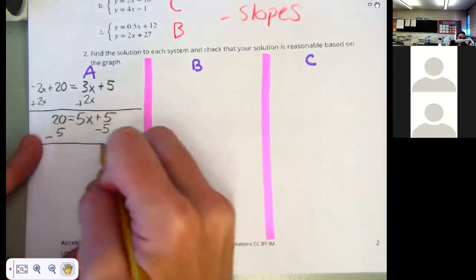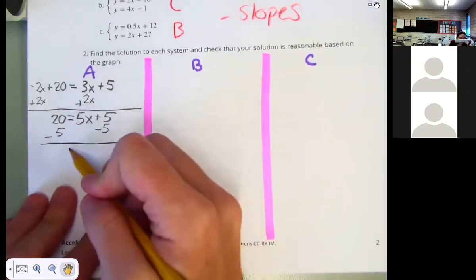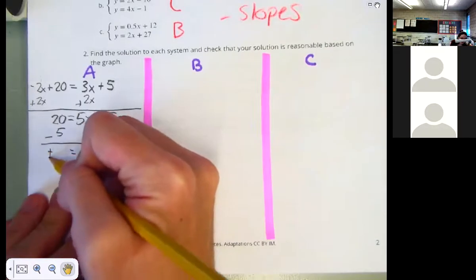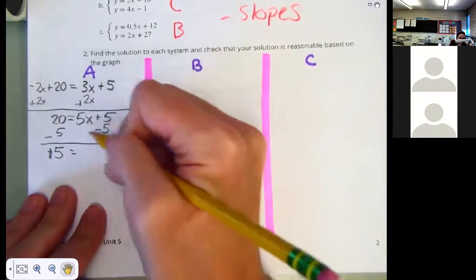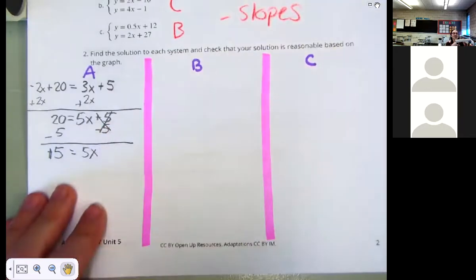Make sure you're following along in your book with me. So then I do my subtraction on my left. 20 minus 5 is equal to 15 is equal to my 5x. How do I isolate my 5 attached to that x?